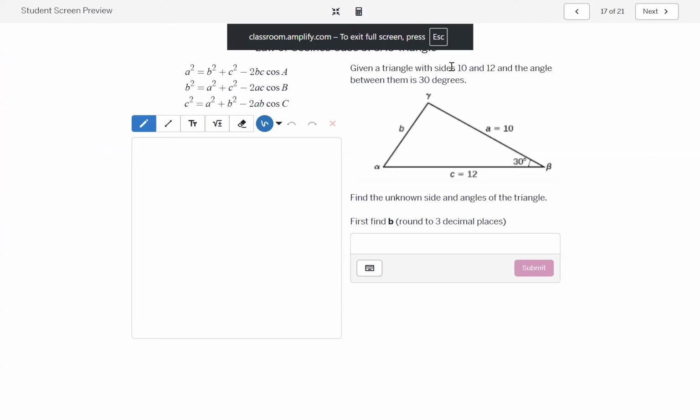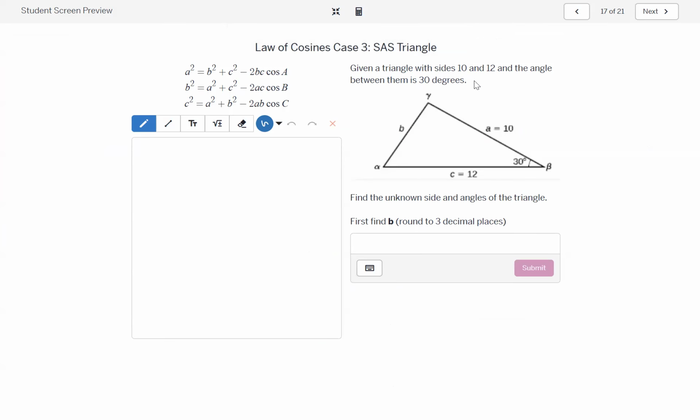All right, so given a triangle with sides 10 and 12, and the angle between them is 30 degrees. So I see my 10 and my 12, and the angle in between is 30 degrees. They decided to call the sides A and C and the angle B. Sure, but we also could have called the angle C and the other two sides A and B, and then used the third formula.